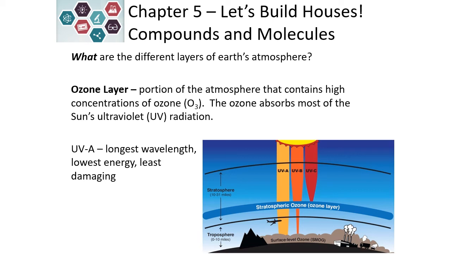UVA has the longest wavelength, the lowest energy, and causes the least amount of damage. We measure wavelength from the crest of one wave to the crest of the next.